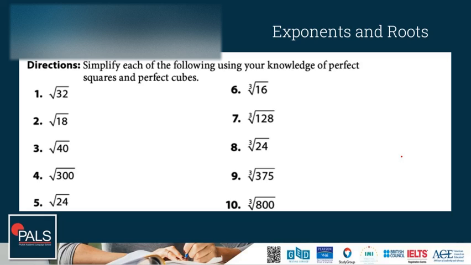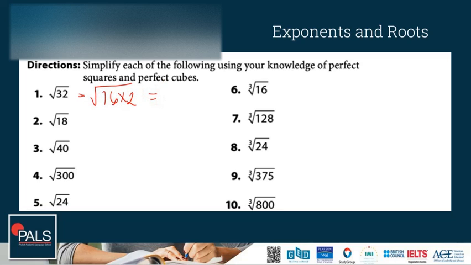Simplify each of the following using your knowledge of perfect squares and perfect cubes. Square root of 32. 32 doesn't have a perfect square root, but we can find a factor which is a perfect square. So square root of 16 times 2.